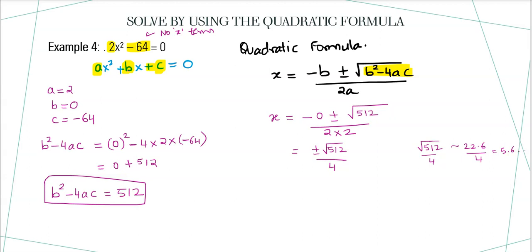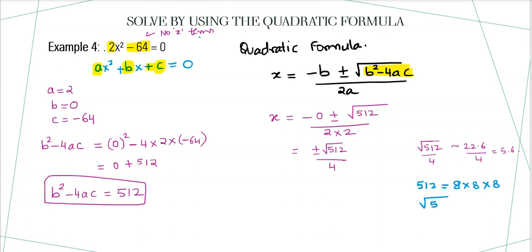Okay, suppose you don't want it in decimal form. What else you can do is simplify without using a calculator. For that, we know that 512 is 8³. If you multiply 8 three times, you will get 512.